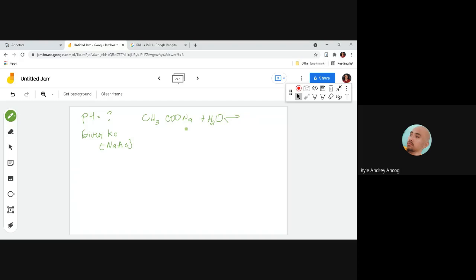CH3COOH plus OH minus. The sodium reacts with OH here. It's a base, sodium acetate.